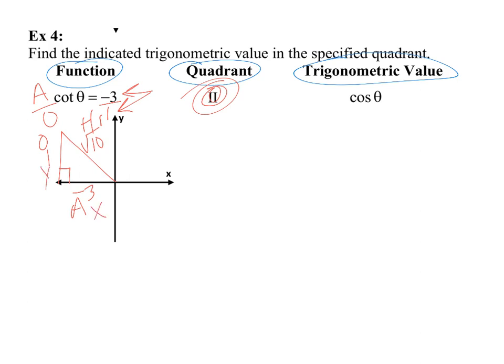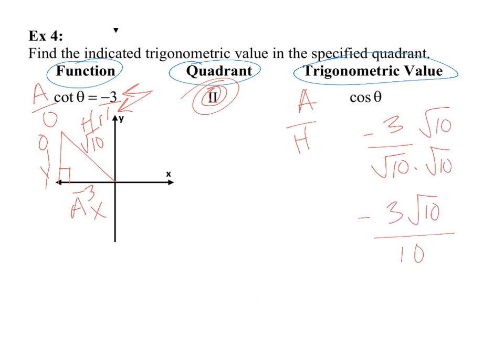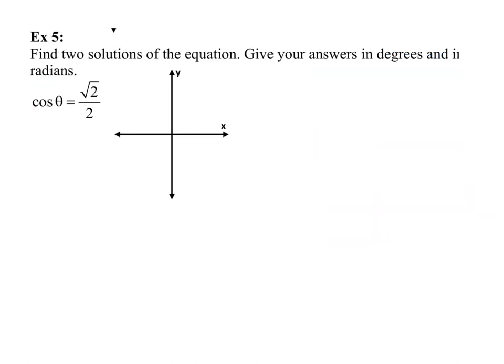Cosine is adjacent over hypotenuse. So just plug in the pieces of information that we just acquired. And I get negative 3 over square root of 10. And that's all there is to that. Done. On to the next example.